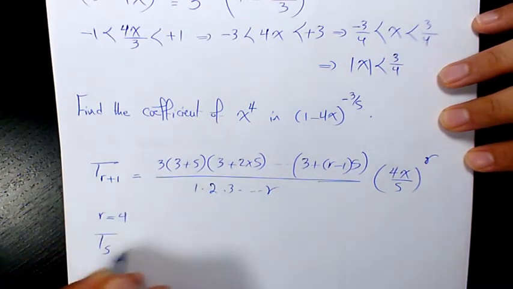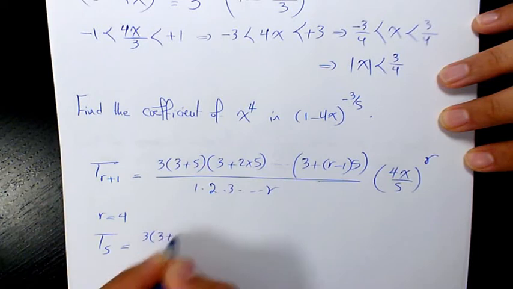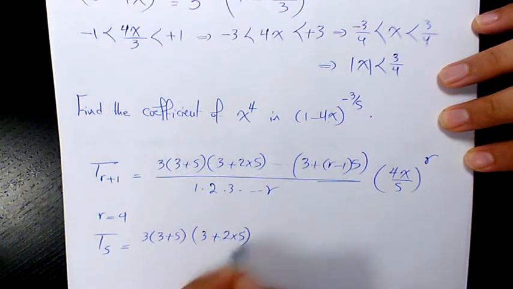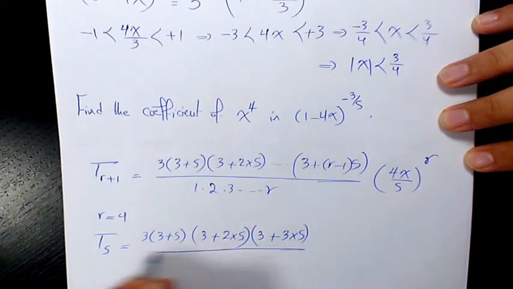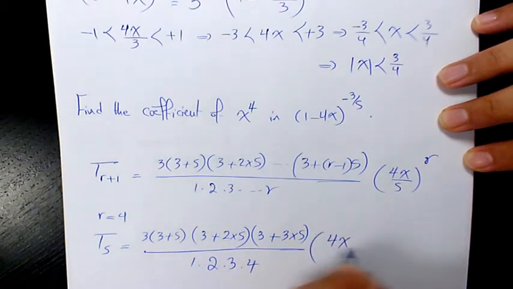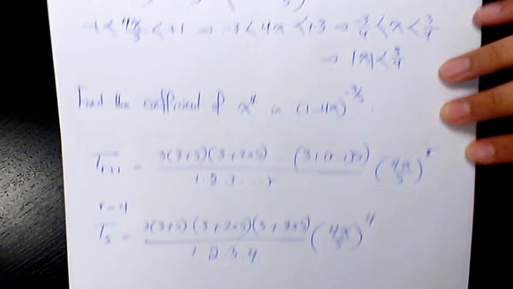So t5 equals 3 times (3 plus 5), (3 plus 2 times 5), (3 plus 3 times 5), over 1 times 2 times 3 times 4, (4x over 5) to the power of 4.